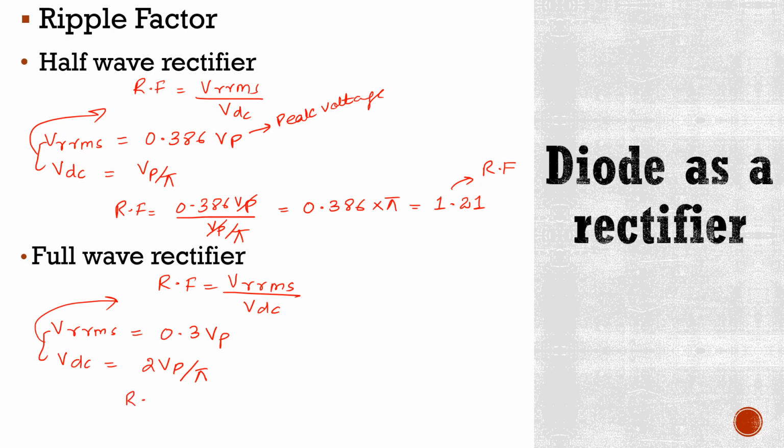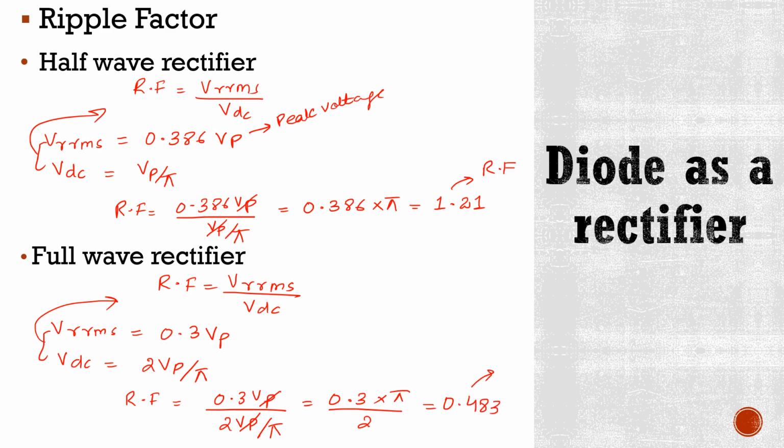We get RF is equal to 0.3 Vp divided by 2 Vp divided by pi. Again this Vp is going to cancel this Vp, and now we'll have 0.3 multiplied by pi divided by 2, and after solving this we'll get 0.483.